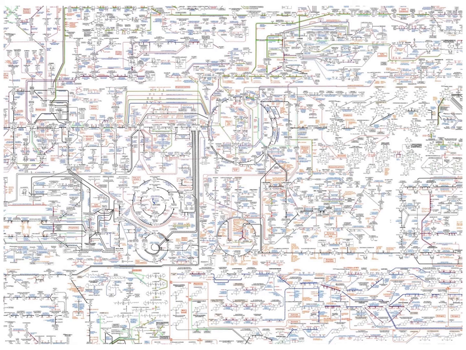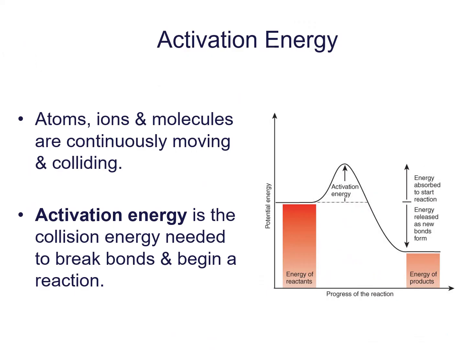As I've mentioned many times now, and hopefully kind of driven the point home, all chemical reactions occur in two parts. We have an investment of energy to break bonds, and then a second step where the components, where the atoms are rearranged so that new bonds can form.